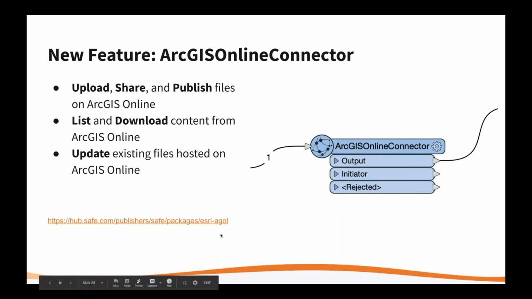What's cool with this is that because it's released as a package, it's being released outside of an official FME release. So you could actually go and download that now and work with it yourself. This transformer is compatible with FME 2019 and newer. So if you do have a slightly older build, you are in luck. You can download this transformer and use it anyway.